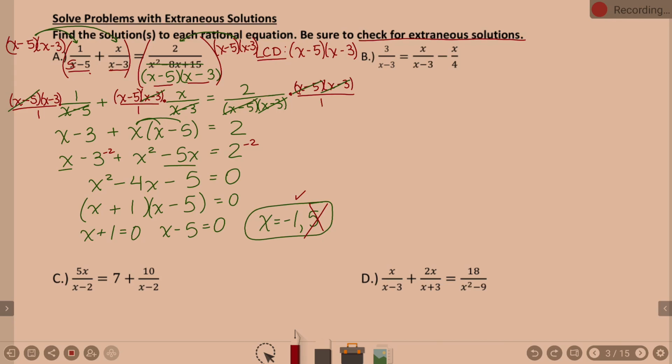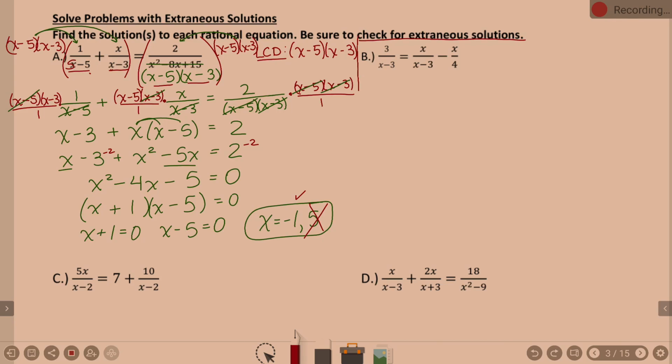That helps because it gives us the answer we need, but it gives us an extra answer along the way. Okay, guys, there's the gist of what we're doing.